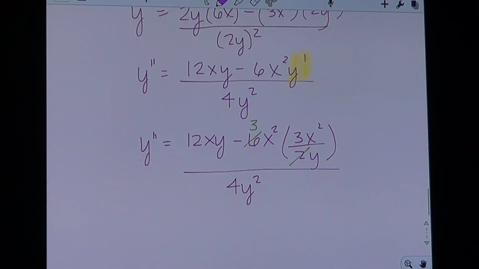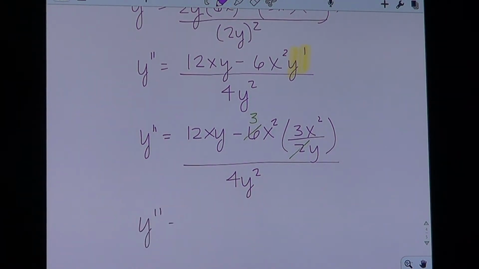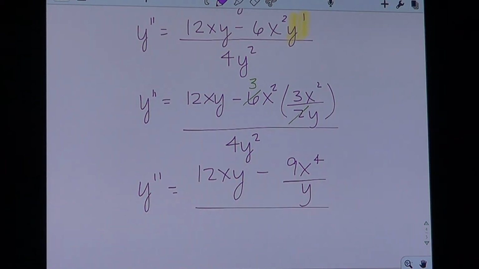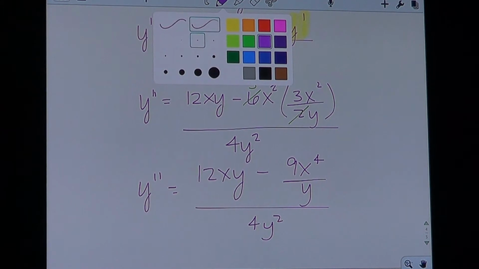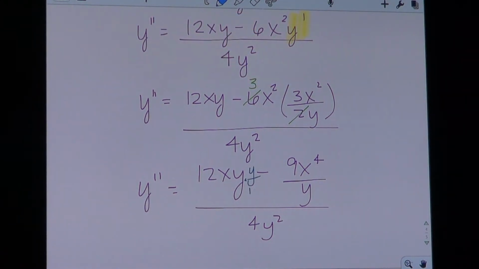Okay, so then we'll just look at the top. 12xy minus 9x to the 4th over y. So then we have to get a common denominator in the top in order to make it so it's not a fraction in a fraction. So just multiply this by y over y.